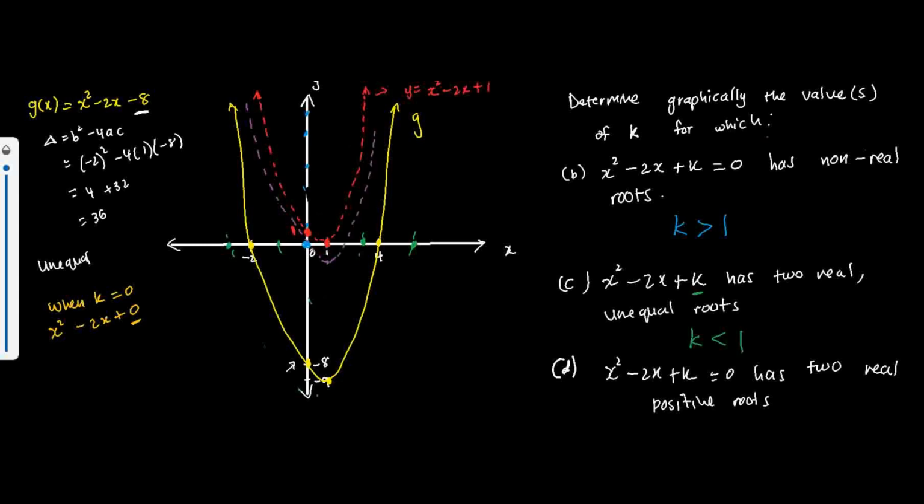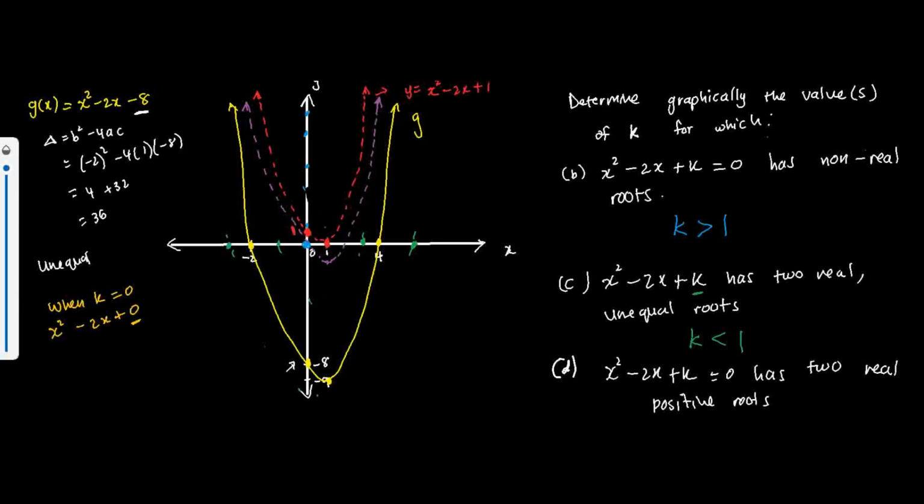I'm not too sure what the x and y intercepts are at the moment, but let's just say this is how the graph more or less would look. It may not be an exact sketch, but the graph will look more or less like this, right? So as you can see, we have two x values, and what is the y-intercept? It's 0. So let's look at when we have positive roots.